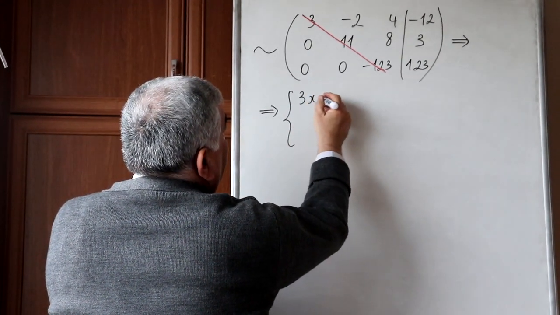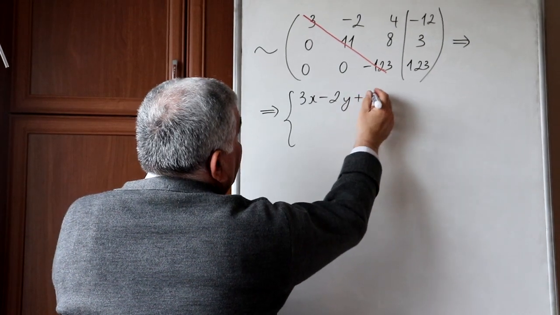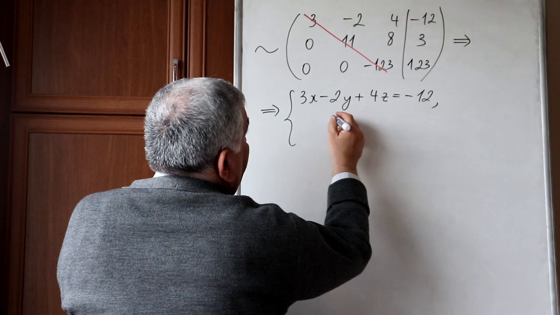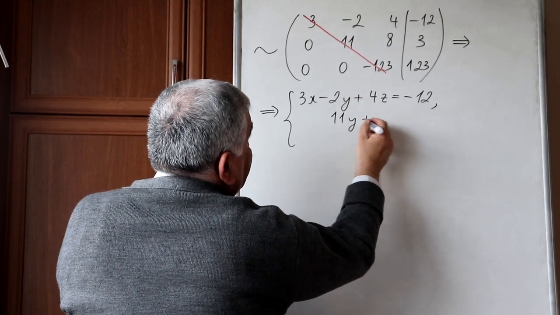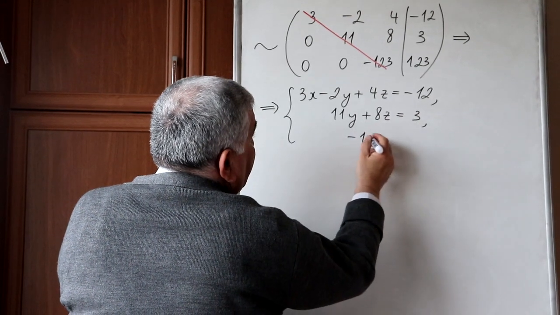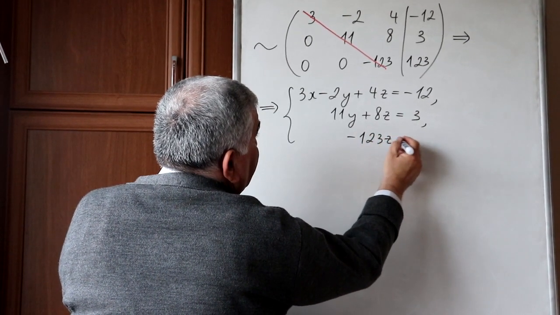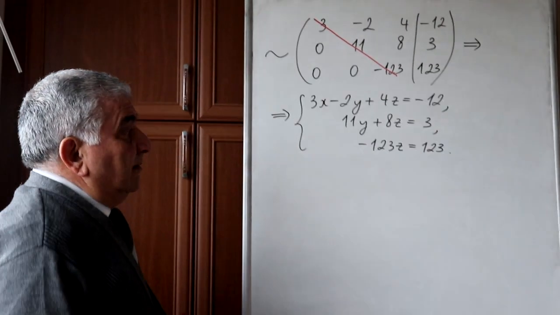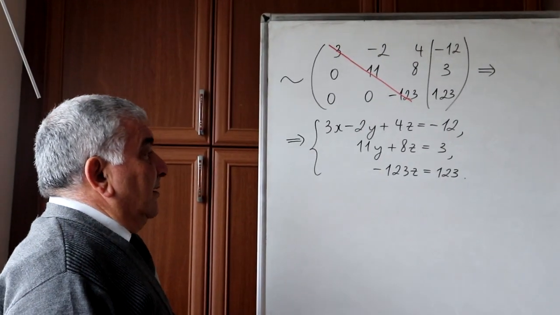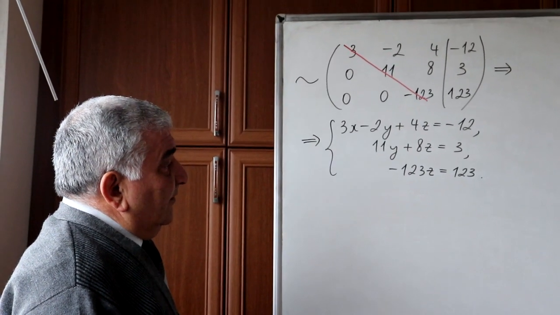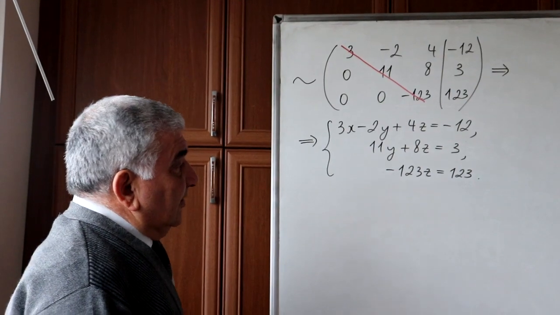3x minus 2y plus 4z equals minus 12. 11y plus 8z equals 3, and minus 123z equals 123. We can at first find the value of z unknown from the third equation.